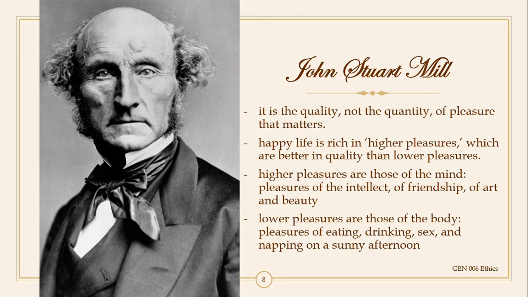Higher pleasures are those that enhance the mind: pleasures of the intellect, friendship, art, beauty. Lower pleasures are physiological pleasures: the pleasures of eating, drinking, sex, and napping on a sunny afternoon.